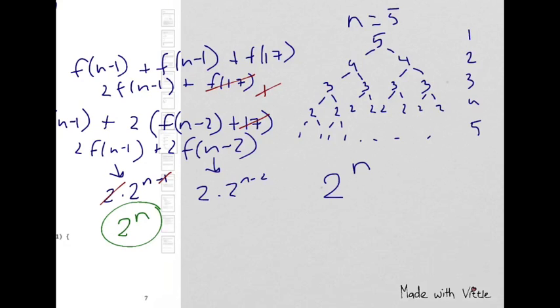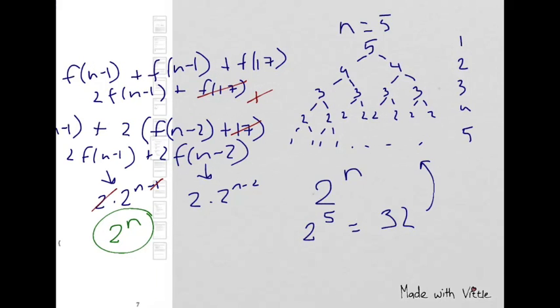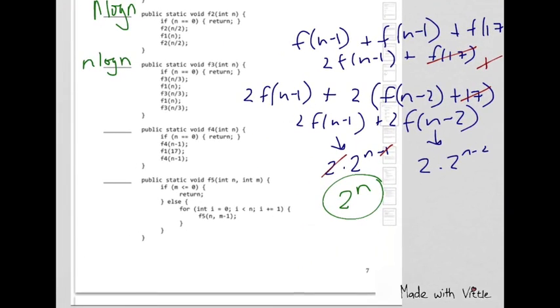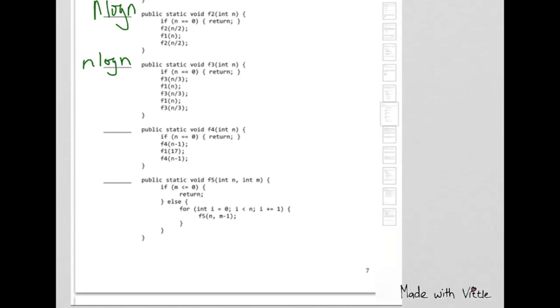So we'll have 2 to the n, which means 2 to the 5 recursive branches in this case, as you'll see here. If you're still feeling shaky as to why this is 2 to the n, you might want to reflect on the Fibonacci example, which might give you some more clarity.